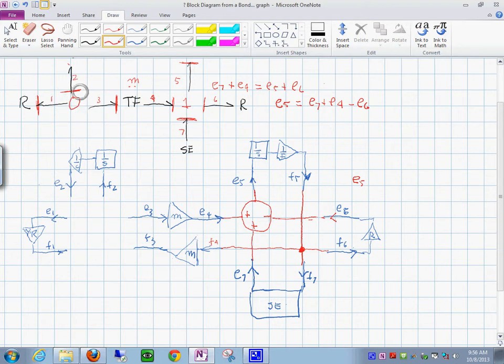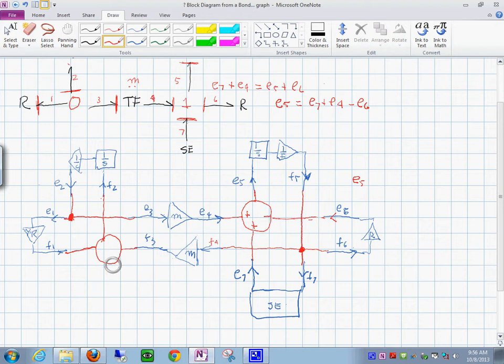Let's go over here. Okay, what is common on this one? All the efforts are the same. So why don't we just do that and put it like this, and they're the same there. But we are going to sum the flows. So let's draw a summation point over here and then connect to this junction like this.